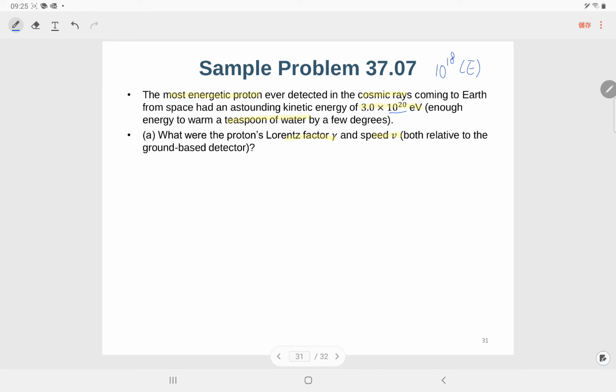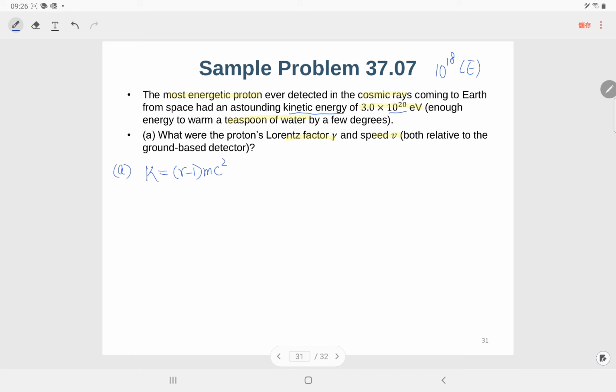Okay, so here we need to calculate the Lorentz factor. So for part A, we still use the same equation. Actually, we use K equals gamma minus 1 times mc squared, this one is enough, because we already know the kinetic energy here.